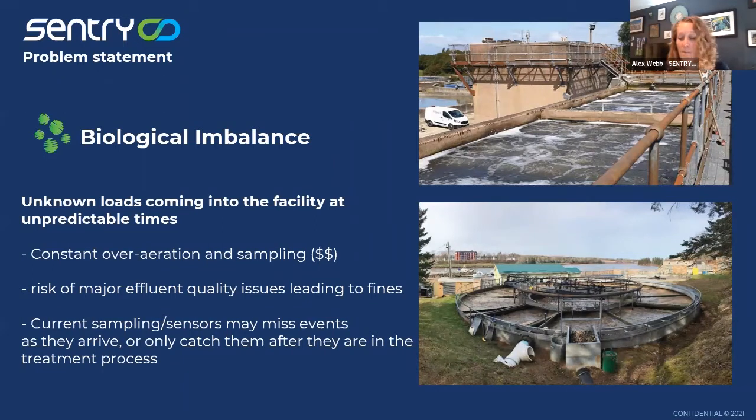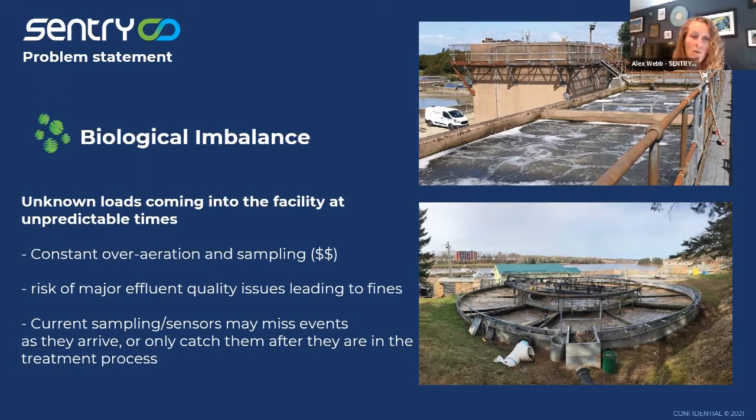Trying to anticipate and mitigate these events with traditional tools means constant over-aeration to be treating for a peak load all the time because you don't really know when it's going to come through. Or it could mean missing an event entirely with a sample which comes back too late or a sensor placed well after the active treatment process. A more effective tool would be a sensor which could be put up front of the plant with real-time data, letting you know what's coming in and when.